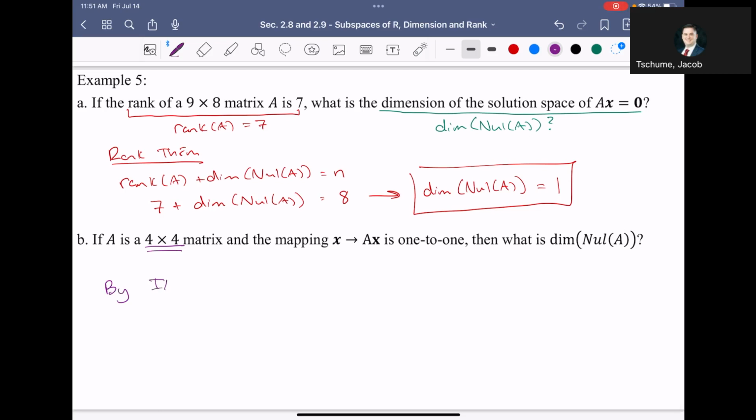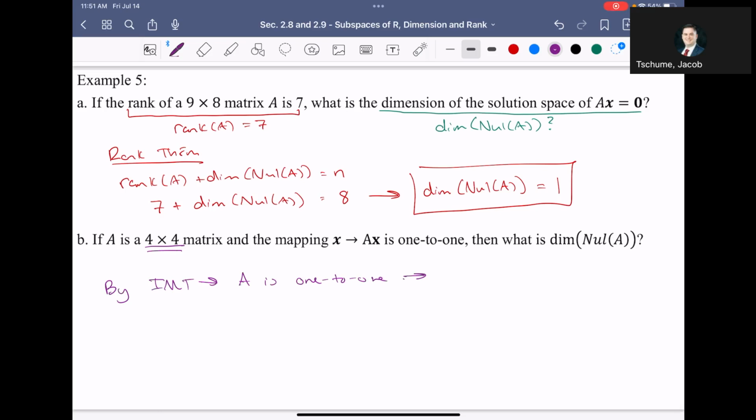By IMT, since A is a 1-to-1 transformation, that's one of the true statements of the invertible matrix theorem. So that means every statement in IMT must be true.